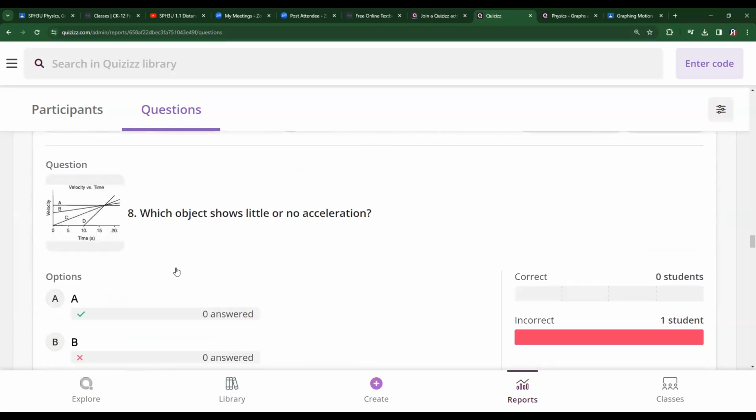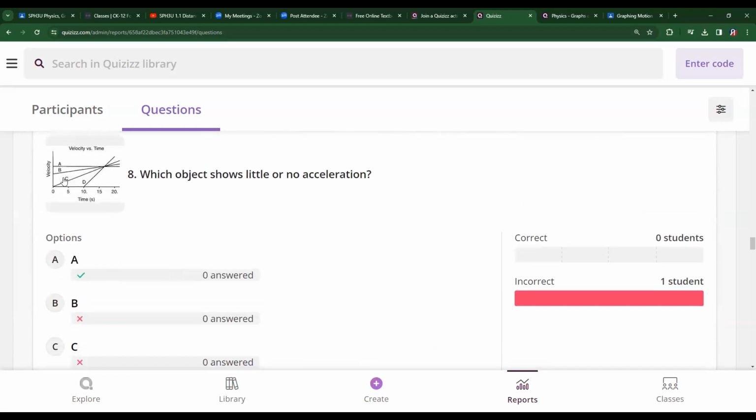No acceleration should be motion with constant speed or rest, right? Only horizontal line A shows that as time goes by, velocity stays the same. So the object continues to move, doesn't speed up, doesn't slow down. So to make a relationship: the slope of the VT graph is acceleration.